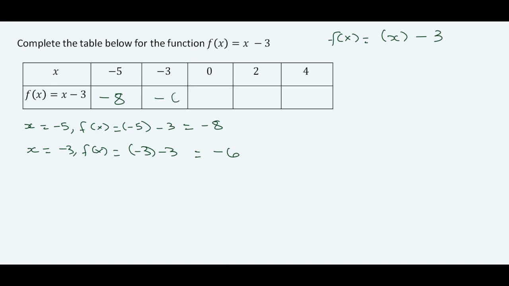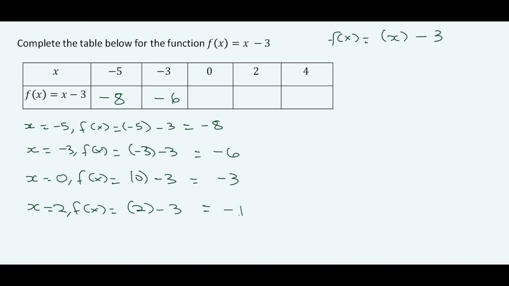So we have -6 here. So we have x equal to 0. So f of x equal to 0 minus 3, which is -3. Then x equal to 2. F of x equal to 2 minus 3, which is -1.